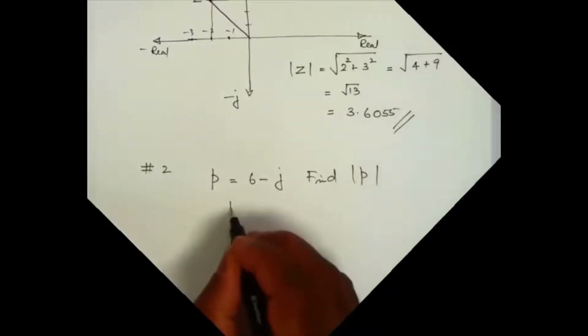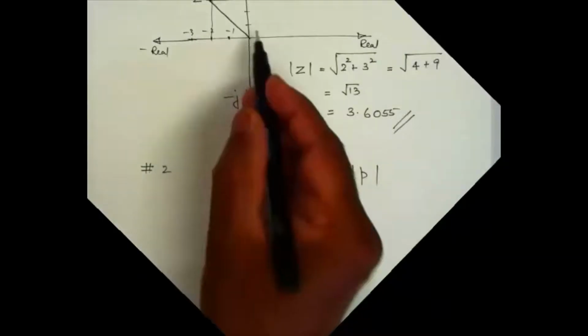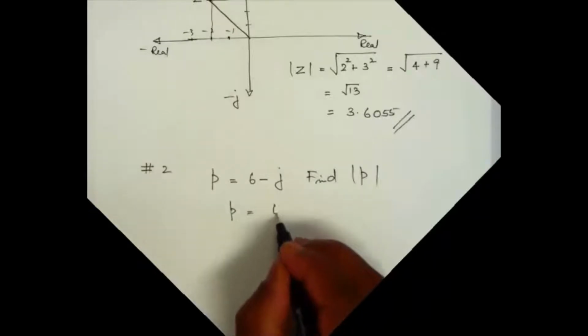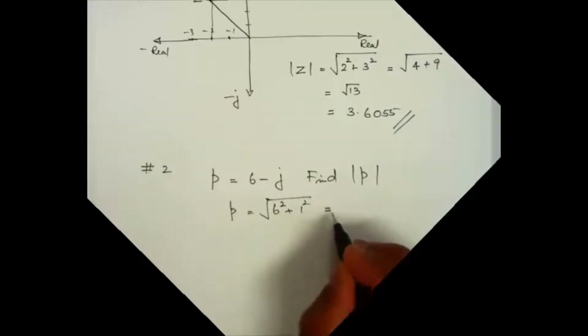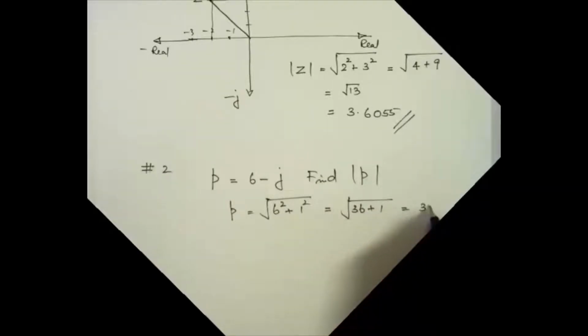So the modulus of p is simply equal to, we don't have to draw this, but if you need we can draw it, the square root of 6 squared plus 1 squared, so that is the square root of 36 plus 1, which is the square root of 37, and you can use the calculator to find the value there.